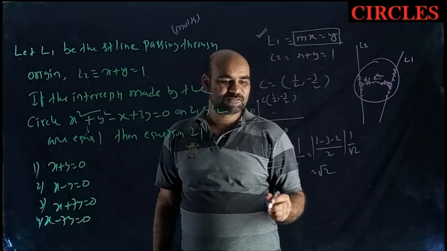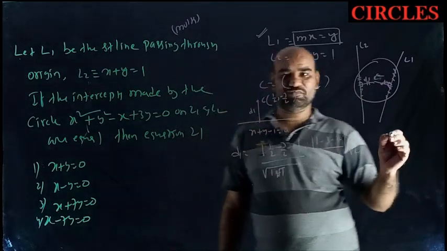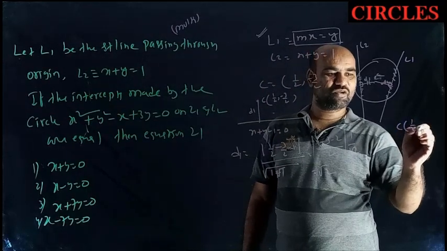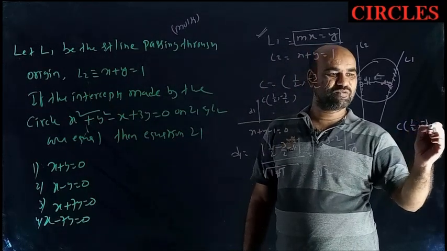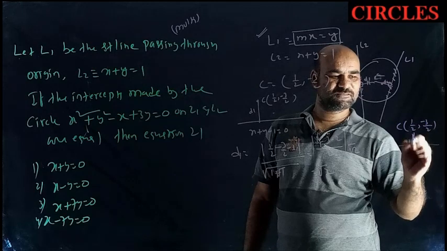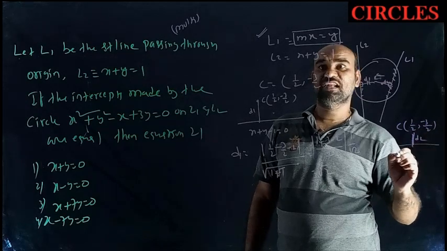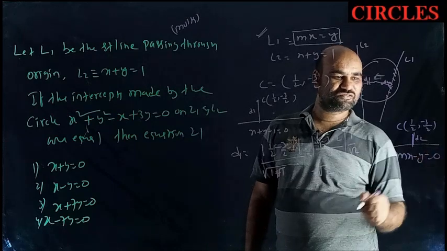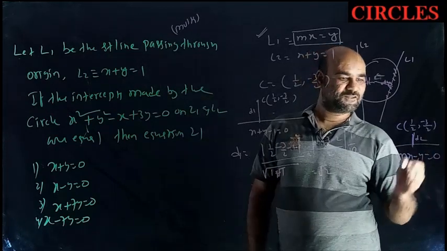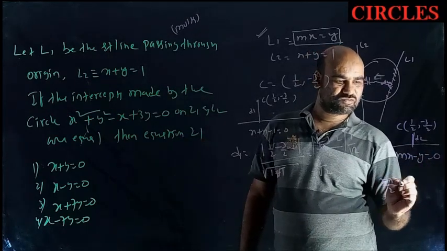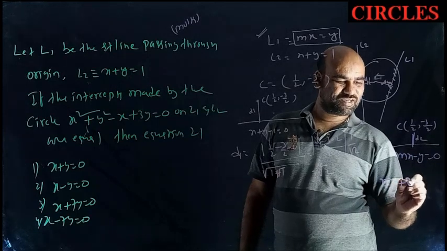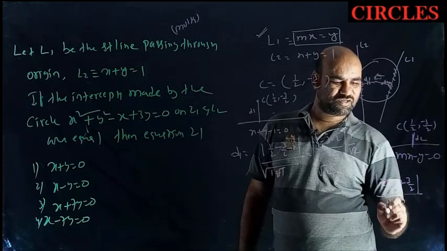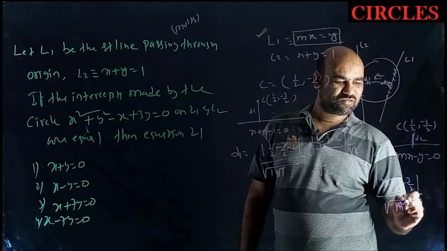Okay, so the distance from C, 1 by 2 comma minus 3 by 2, to the line. What is the line? mx minus y equal to 0. Same formula: mod of m by 2 plus 3 by 2 by root over m square plus 1.